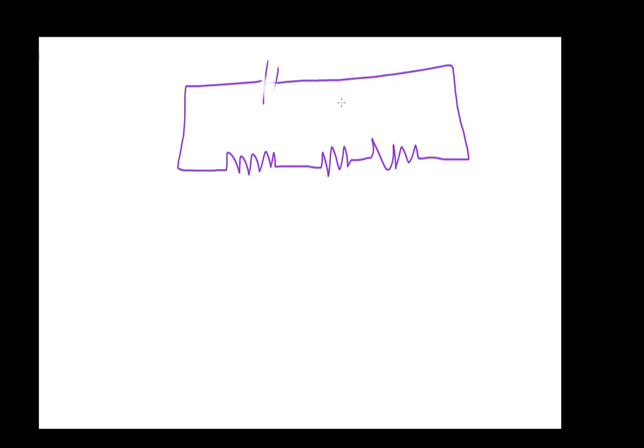Let's take an example of three different resistors: 5 ohms, 10 ohms, and 15 ohms. And we're going to supply a power of 30 volts. This is the positive and this is the negative.